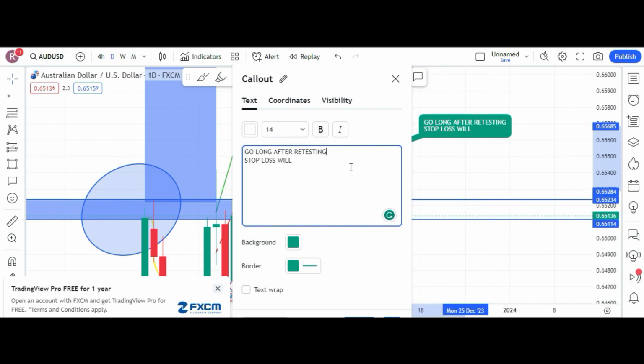Go long after retesting, with a limit order after retest, not before retest. After retest it is 0.6520, something like this. And your stop loss will be 0.6500.